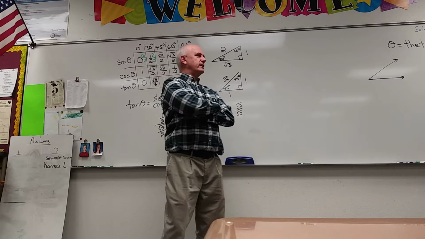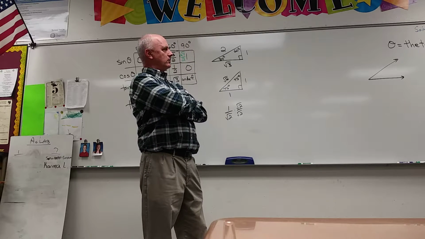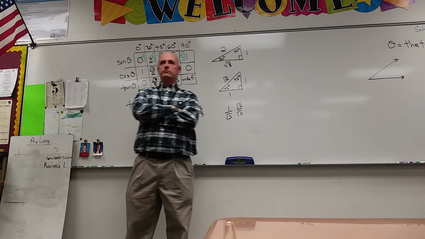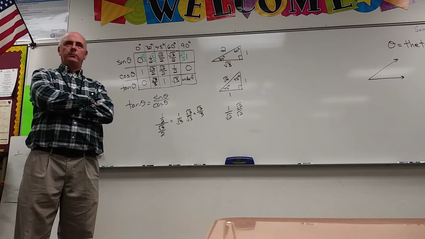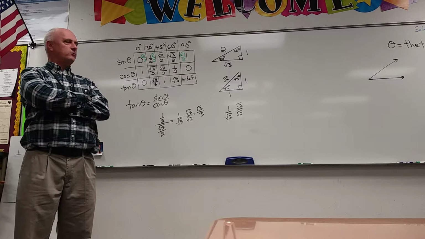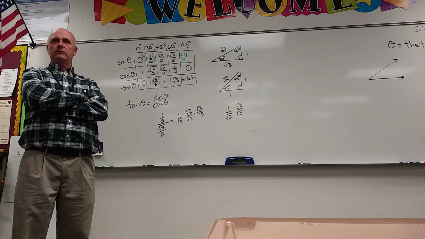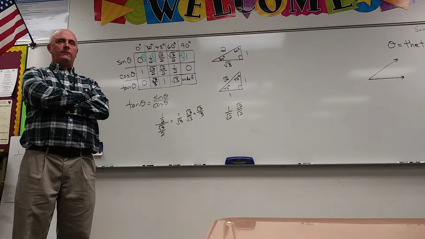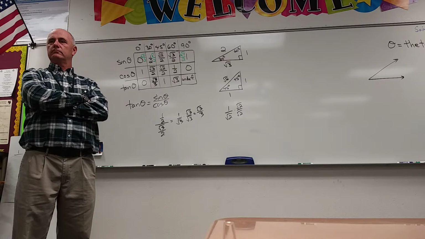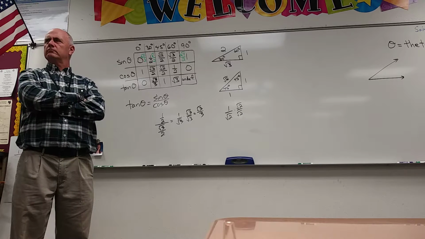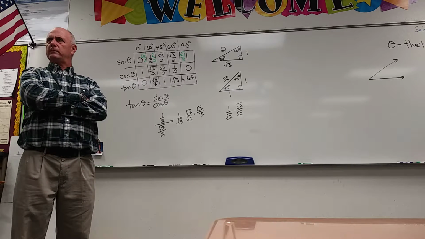If you had to take a guess at the measure of that angle, what would you guess? 45 degrees? Is that a reasonable guess? Is everybody okay with that being a reasonable guess? Somewhere around 45 degrees? Okay. What if I said I don't agree? Could be 30. Matt, what did you say?